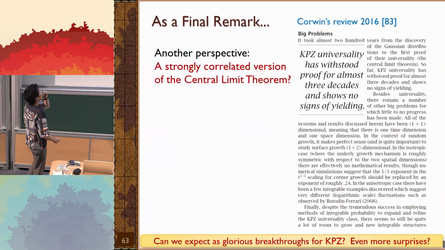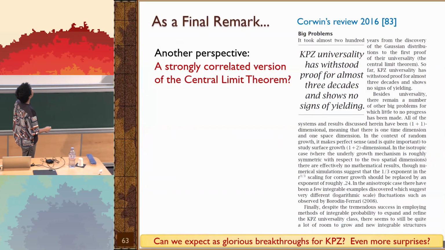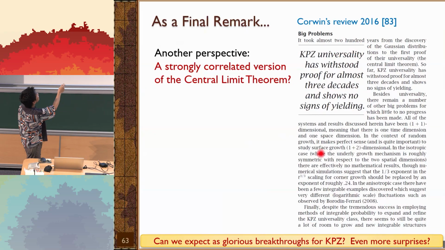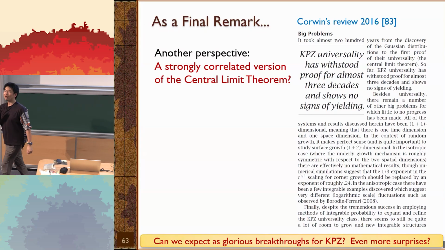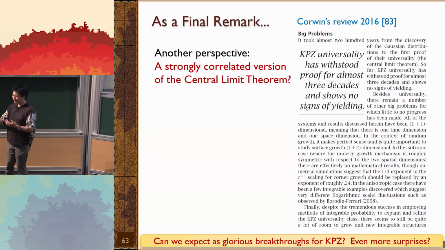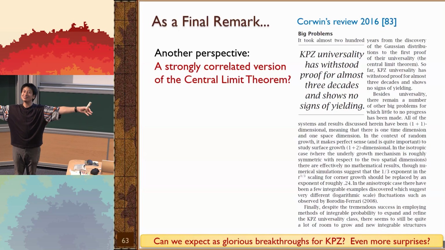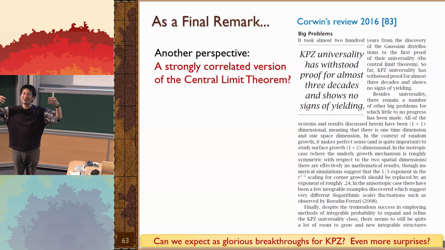And from another viewpoint, our speaker of this morning wrote a review paper, a monograph, nearly 10 years ago. And actually, he compared the KPZ class with the central limit theorem. The central limit theorem is, of course, about sums of independent random numbers, or random numbers that can be weakly correlated.